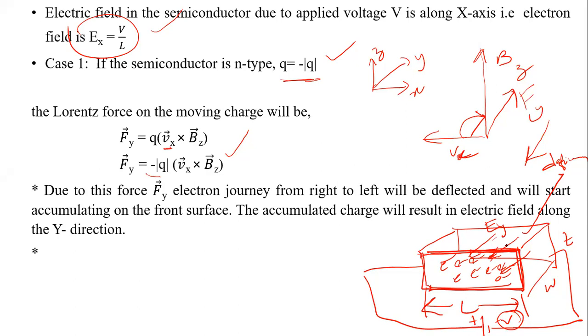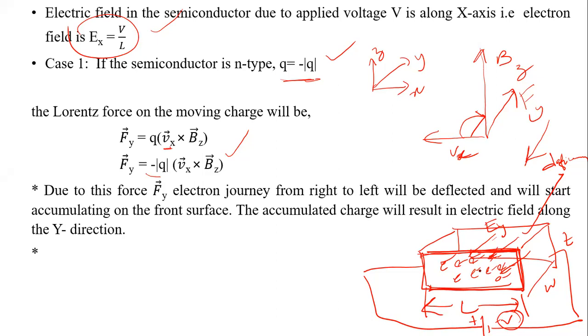Now, as more and more charges accumulate on this surface, the Hall voltage will be stronger, and the transverse electric field will get stronger and stronger. Eventually, the electrons deposited on the front surface will have sufficient energy to repel any incoming electrons.